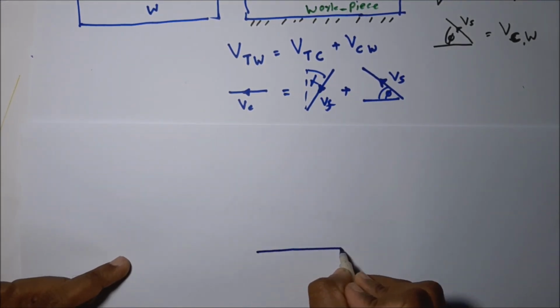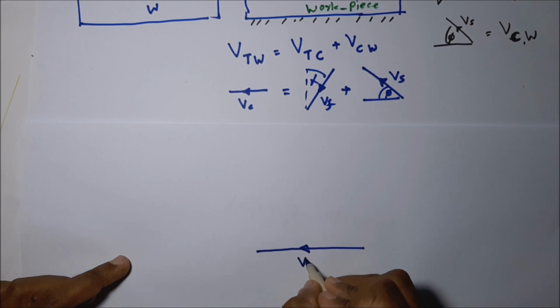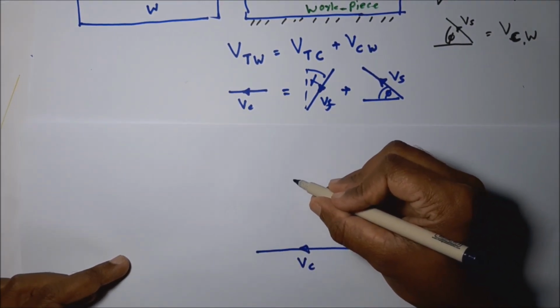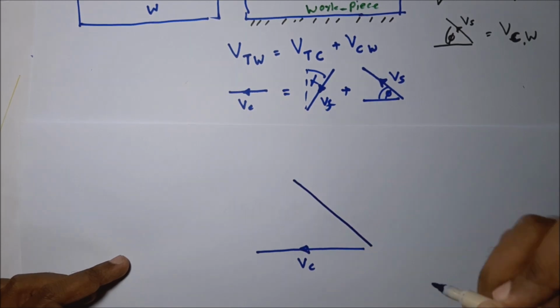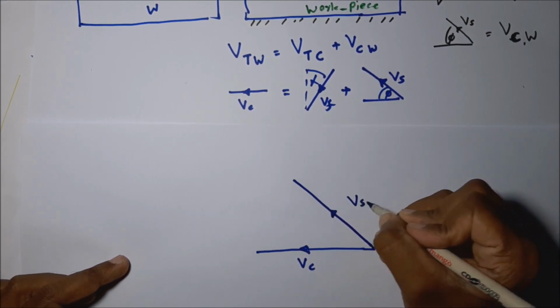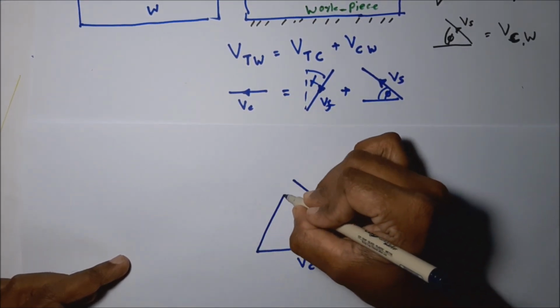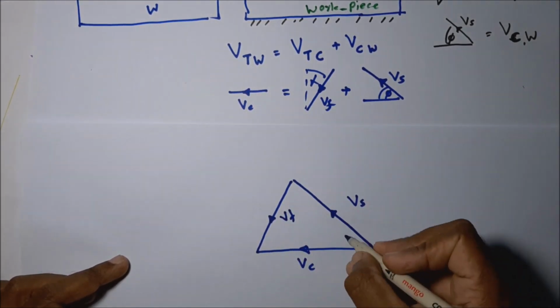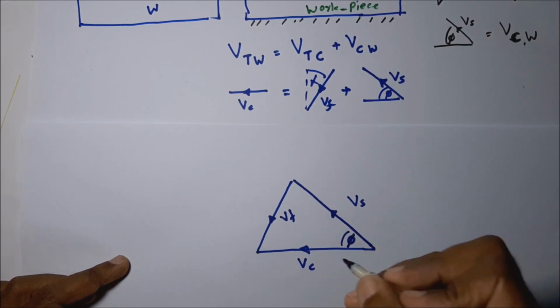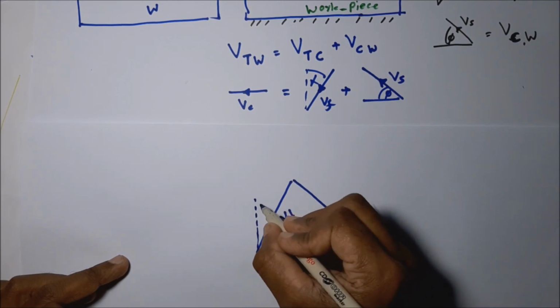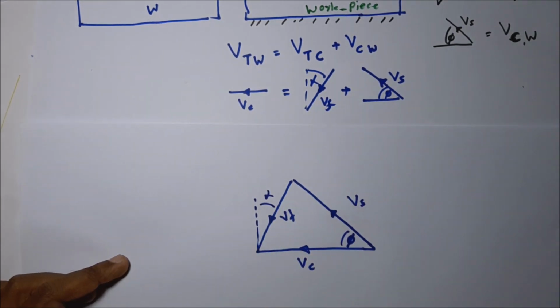Vc is horizontal, then Vs, and this is Vf. This angle is phi, and this angle is alpha.